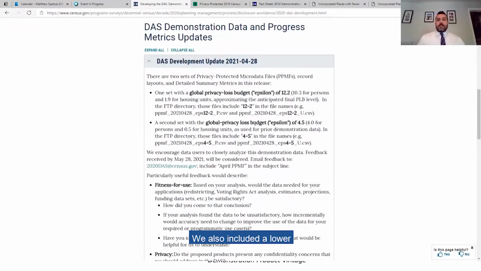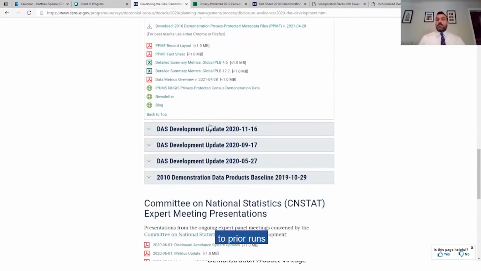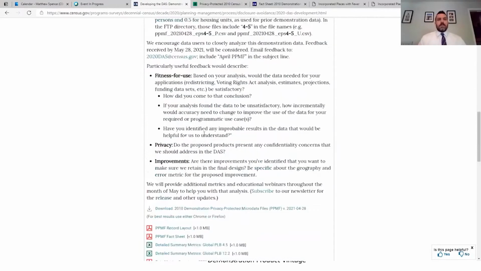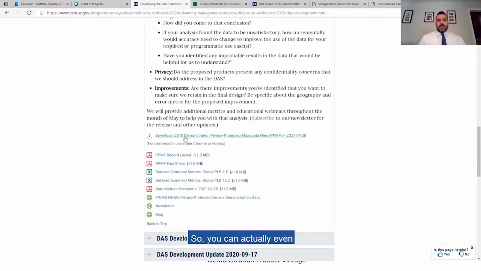We also included a lower privacy loss budget of 4.5 to allow users to compare to prior runs of the demonstration data, so you can see the improvements that are due to the algorithm and the improvements that are due to the increased epsilon. You can even download the microdata if you're interested, but right now I'm going to focus on these detailed summary metrics. So here I'm going to open up the 12.2.